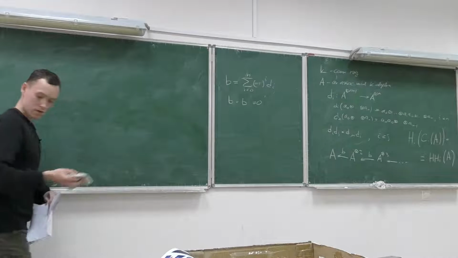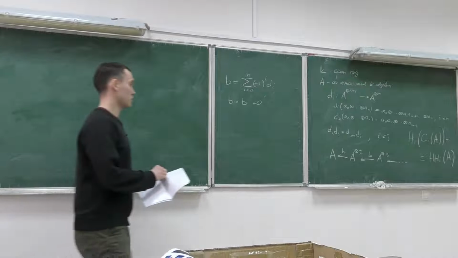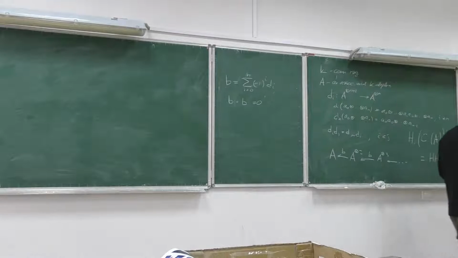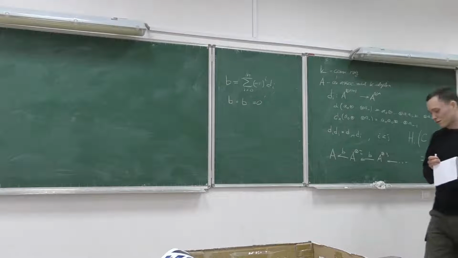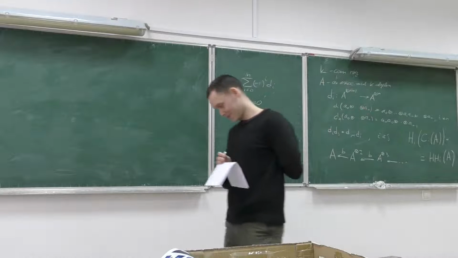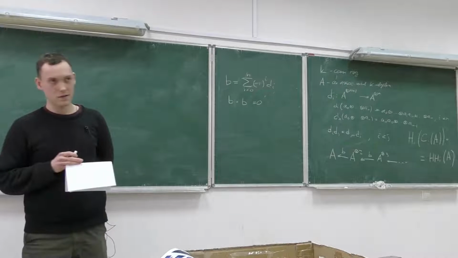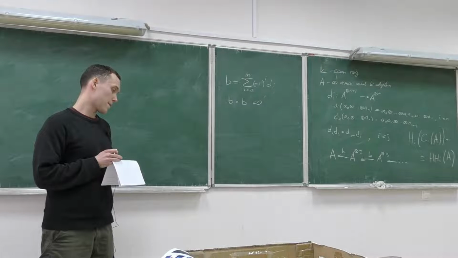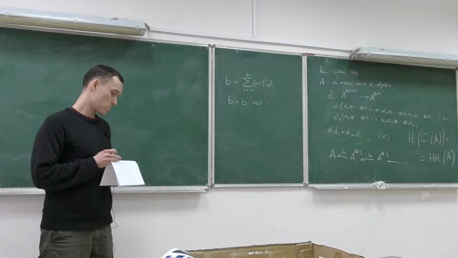There's an explanation of where this comes from, right? Where this complex comes from. What does it mean? Well, it's also Tor. This homology is the Tor of the diagonal bimodule with itself.